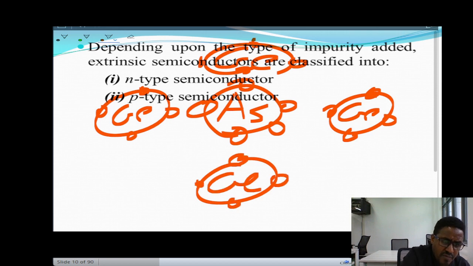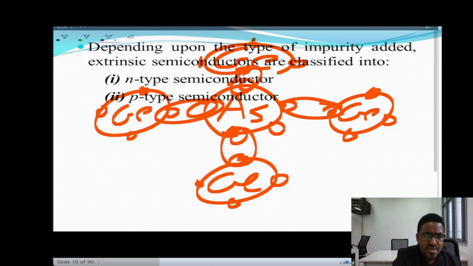So the 4 valence electrons attach with 4 valence electrons of germanium and arsenic. One remains. This we can call the excess electron.